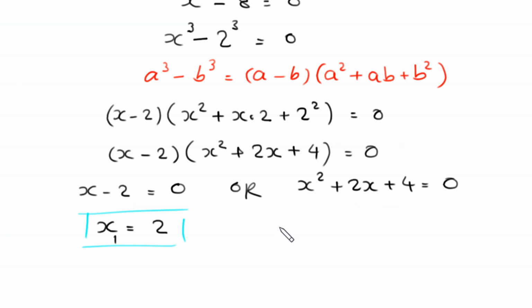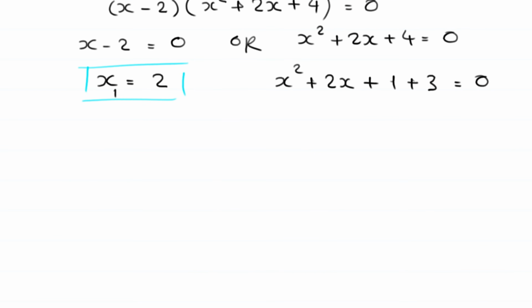We write this x squared plus 2 times x plus this 4 can be written as 1 plus 3 is equal to 0. Now by using this algebraic identity, a squared plus 2ab plus b squared is equal to a plus b whole squared.